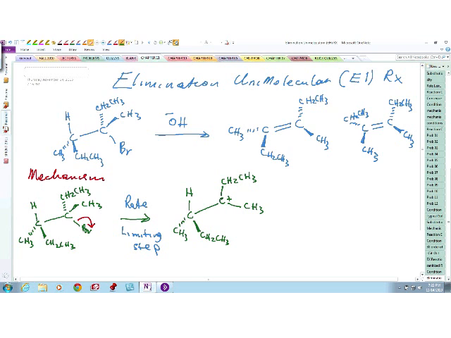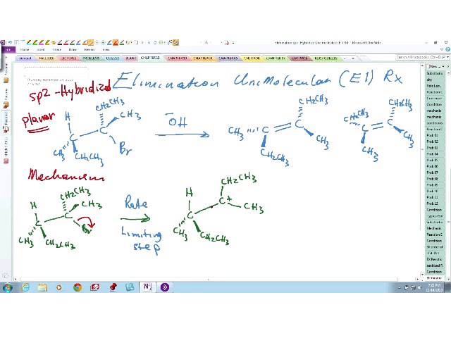This carbon of the carbocation is an sp2 hybridized carbon, which means that this here is flat, planar. The stereochemistry around this carbon is planar.